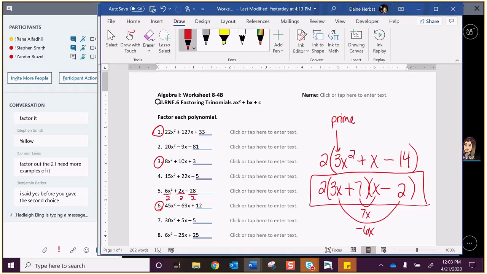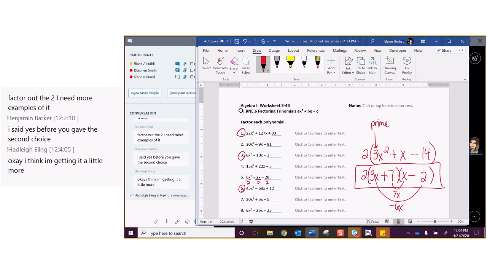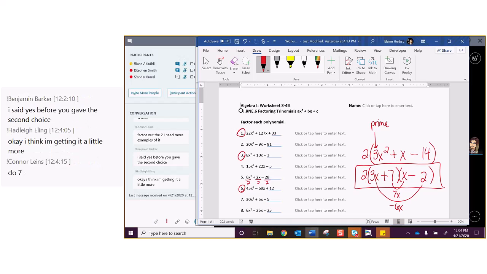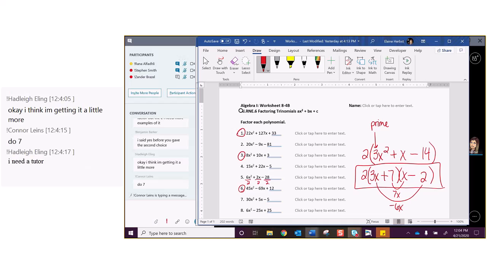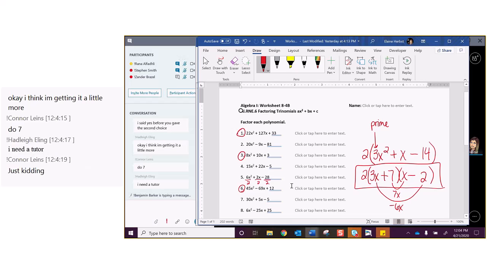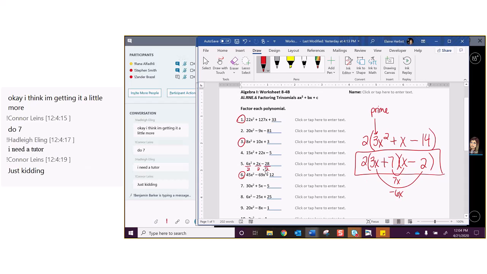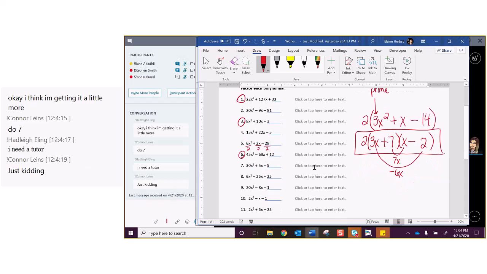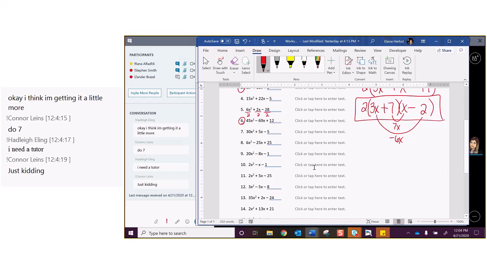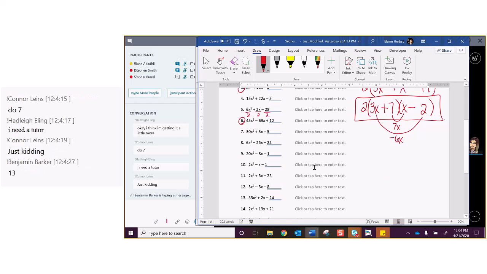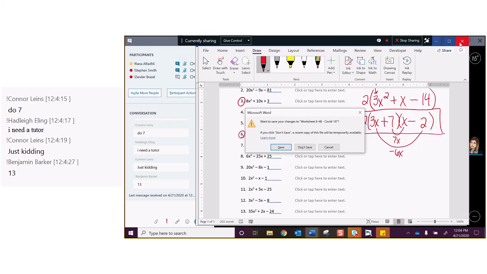So I've done 2 of the ones where you need to factor out a number, so you can do the last one. Anything else? Do 7. No, I said 7 you got to do yourself. I did 5 and 6. Oh, just kidding. Oh, funny, funny. Okay, so I'm going to go ahead and close this.